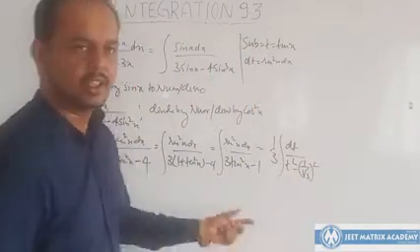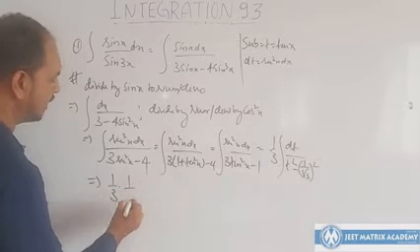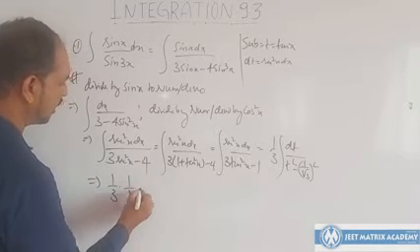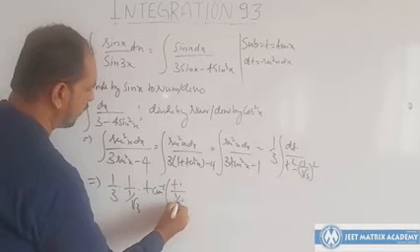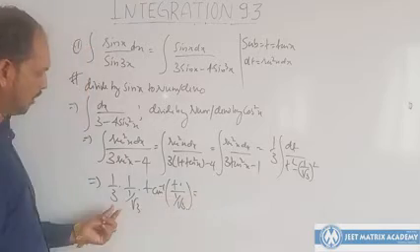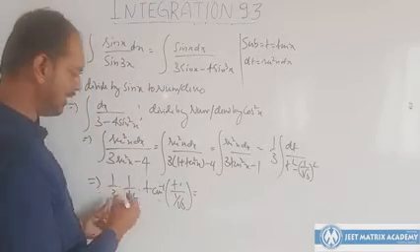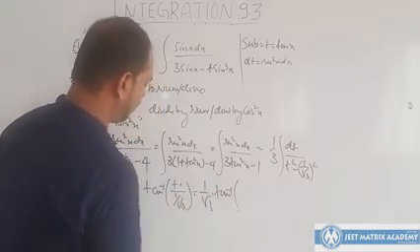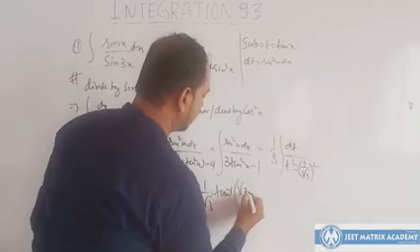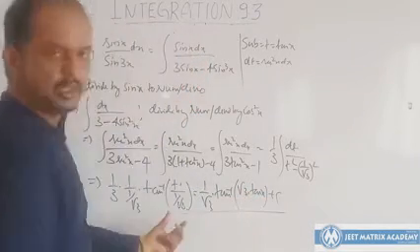Now directly apply the formula and simplify. 1 by 3 into 1 by a is 1 by root 3 into tan inverse of t by 1 by root 3. That 3, I can write as root 3 into root 3, so root 3 gets cancelled, so 1 by root 3 into tan inverse of root 3 into tan x plus c, divided by 1, so no need to write.